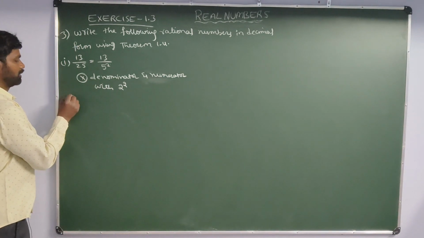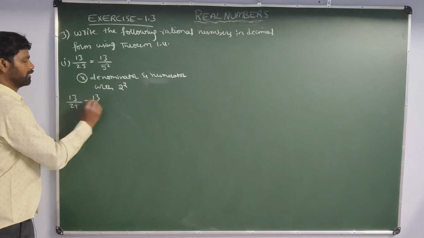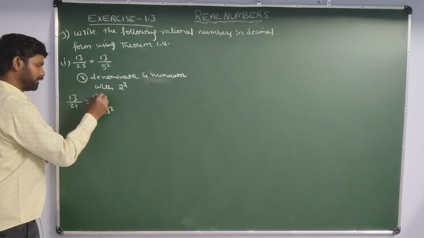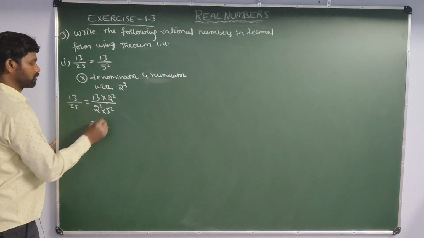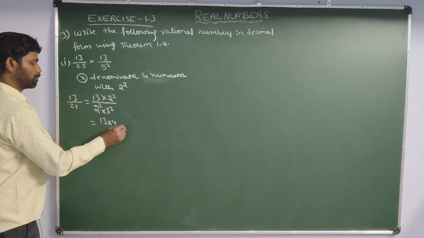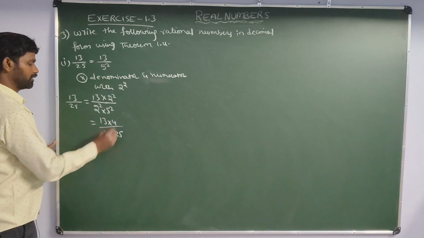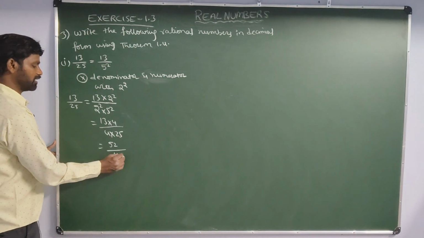So that becomes 13 by 25 is equal to 13 by 2 square into 5 square into 2 square. So that is equal to 13 into 4 by 4 into 25. 13 fours are 52. 52 divided by 4 into 25 is 100.